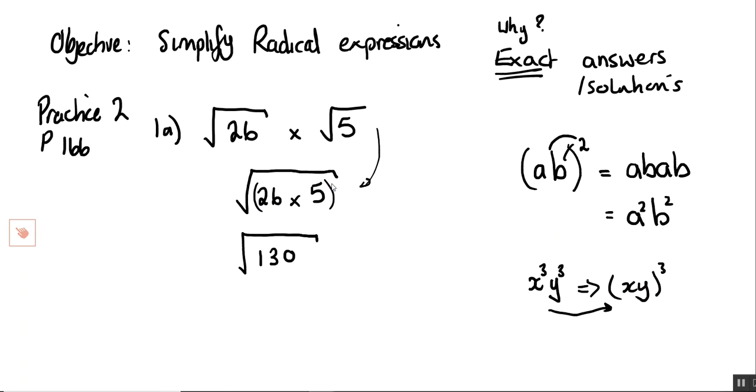Right. Now, there is another way to put this, which I'm hoping you do know. Do you know what the exponent equivalent of square root is? It's to the power of a half. Do you remember that?